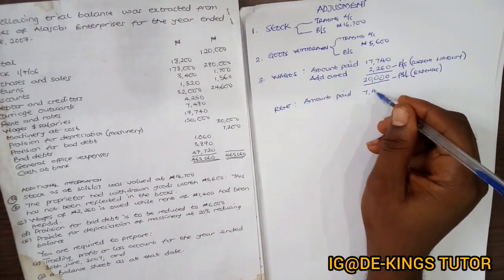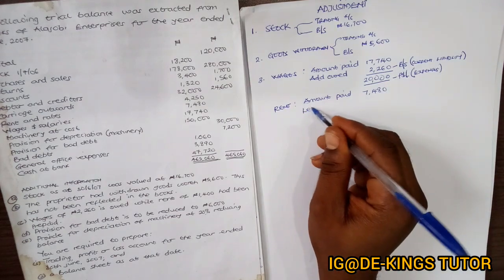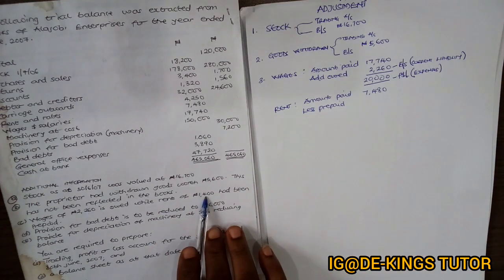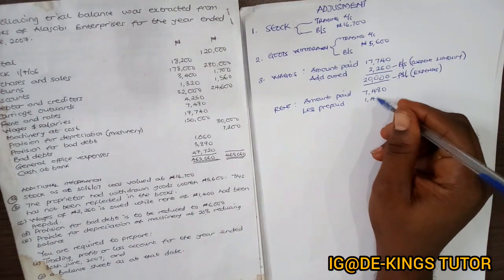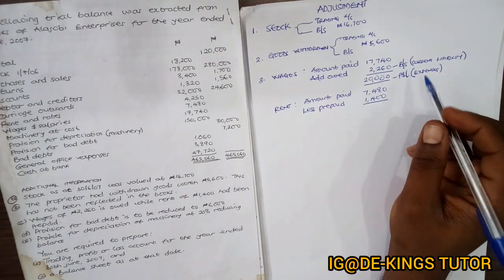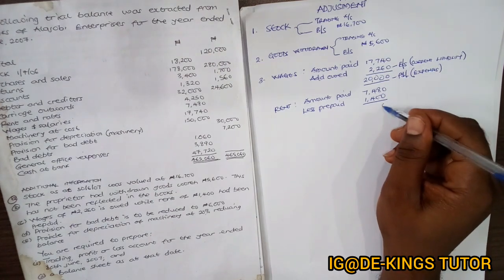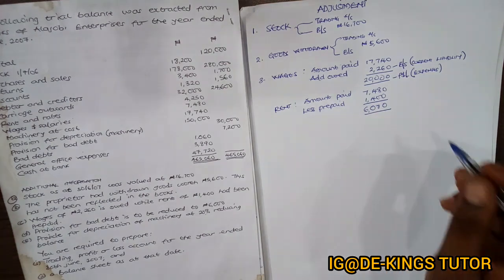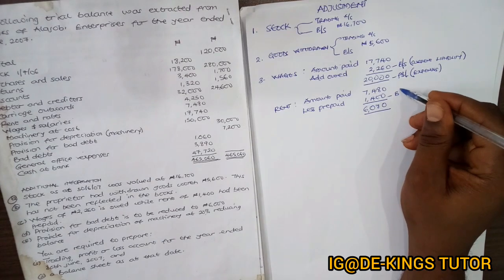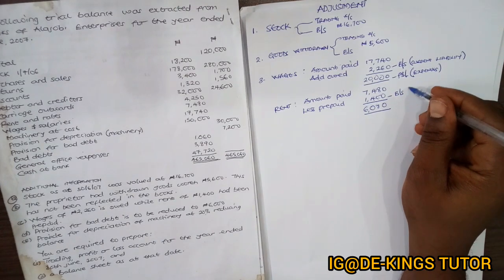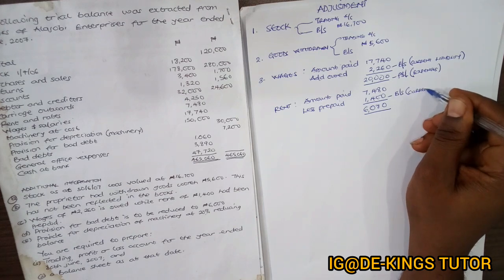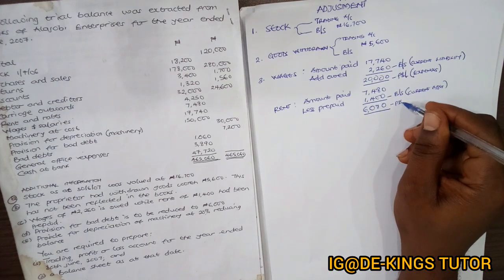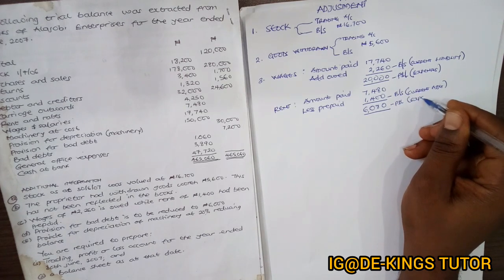So we say 7,480, then less prepaid of 1,400, which gives us 6,080. Now the prepaid amount will go to the balance sheet as a current asset, and this amount will go to the profit or loss account as expenses.